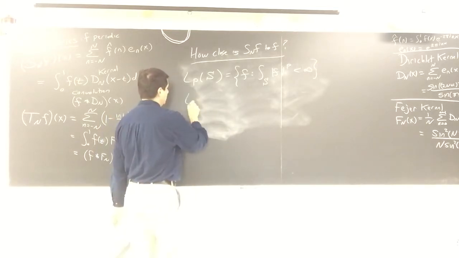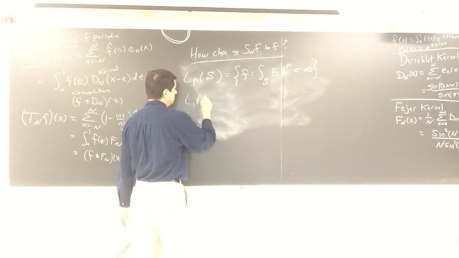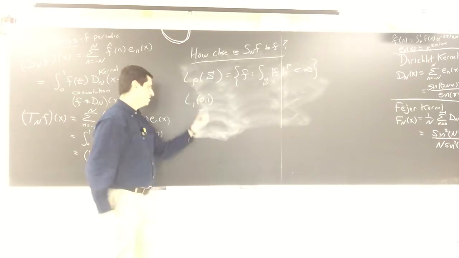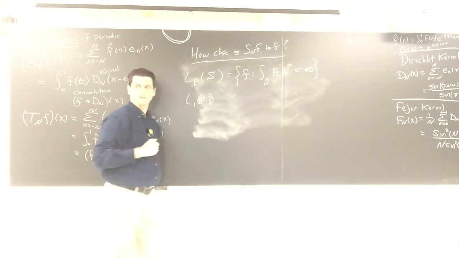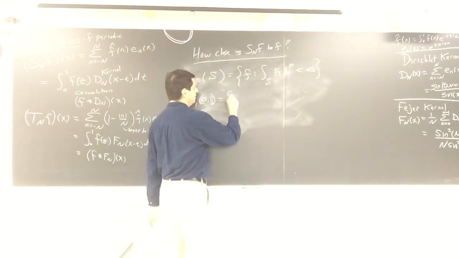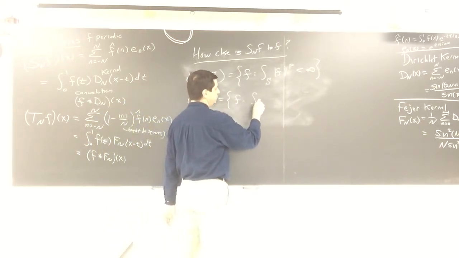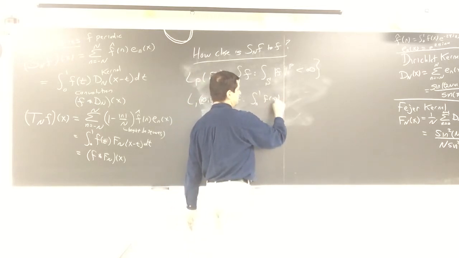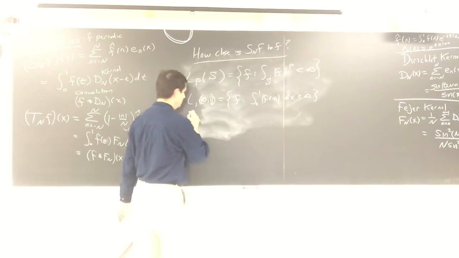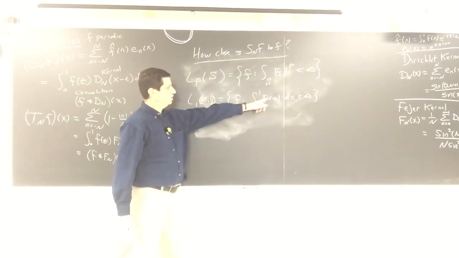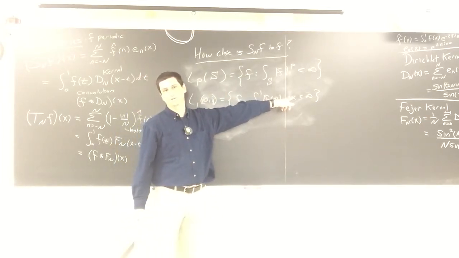So for instance, L1 of [0, 1], and technically I should probably put this in square brackets to say it's of the interval, would be the set of all functions f such that the integral from 0 to 1 of |f(x)| dx is finite. L2 would just be the same with this replaced with now squaring.